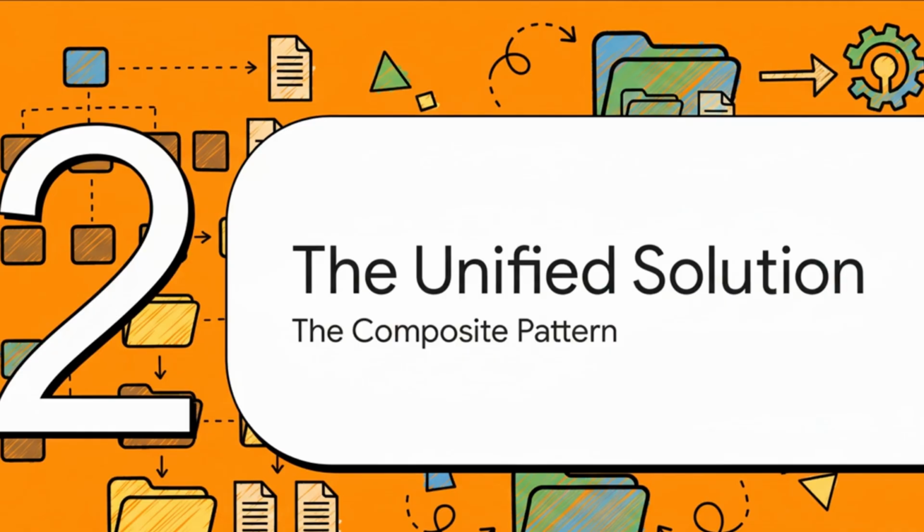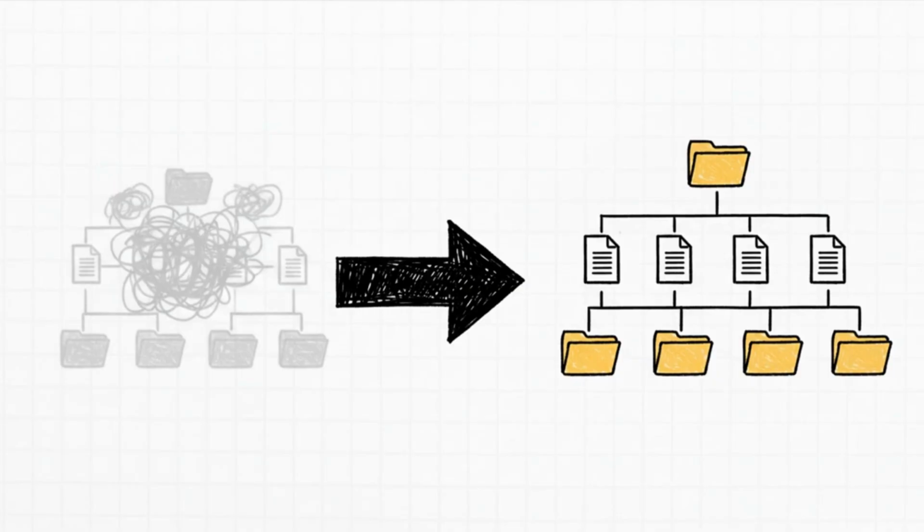But thankfully, there is a much more elegant way to do this. So let's bring in the composite pattern and see how it completely unifies this structure. Yeah, after seeing how complicated that first approach gets, this is exactly the relief we're looking for. The composite pattern gives us this clean, unified way to handle these tree structures without all the fuss.